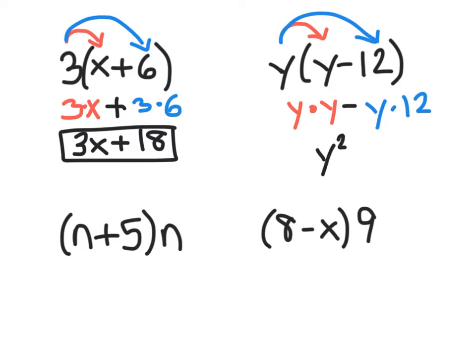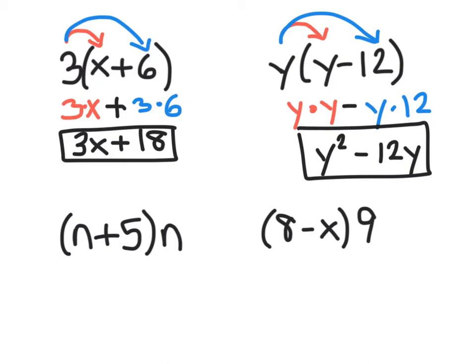You're multiplying y by itself, and that's squared, minus y times 12. We could leave it as y times 12, but typically we write the coefficient in front, which is the 12, and the y second, 12y. Remember, we cannot combine y squared and y terms.